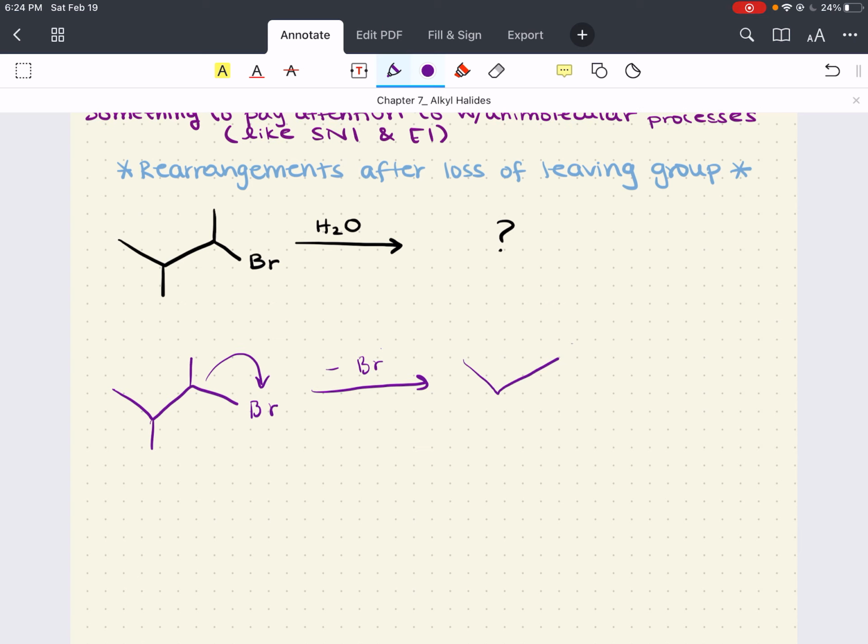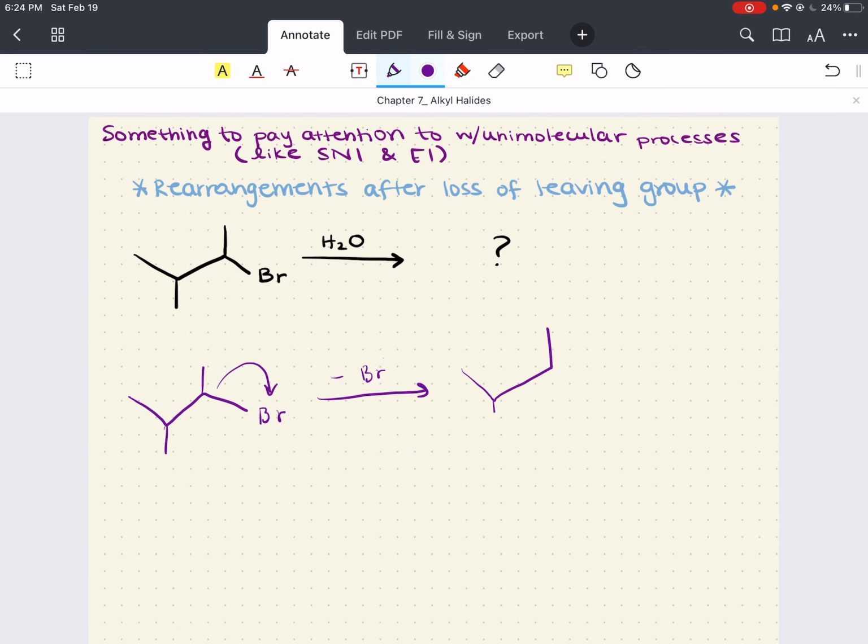my pen does not want to work. There we go. Then what we have is this carbocation right here. Now, stop, pause, ask yourself, can there potentially be a methyl or a hydride shift that would result in a more stable carbocation? Now, this is a secondary carbocation.